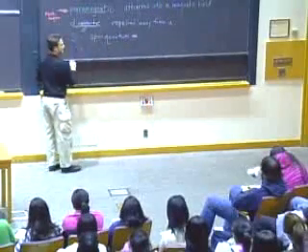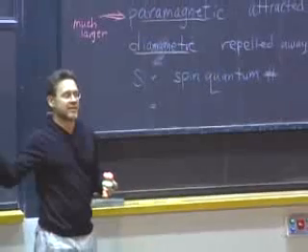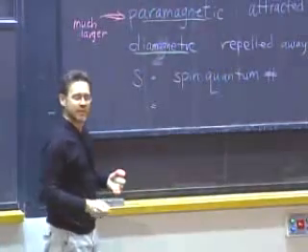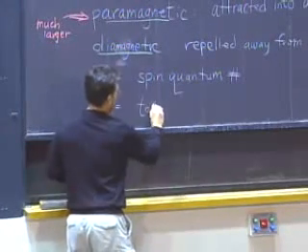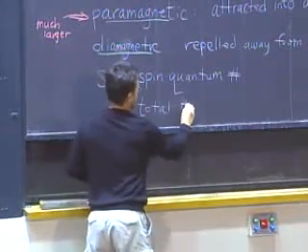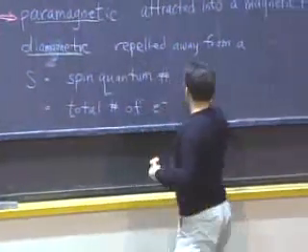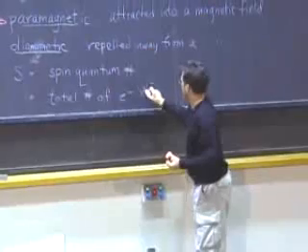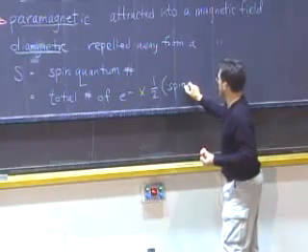And you can readily calculate S from looking at a populated d orbital splitting diagram, because it will be the total number of unpaired electrons multiplied by 1/2, which is the spin per electron.